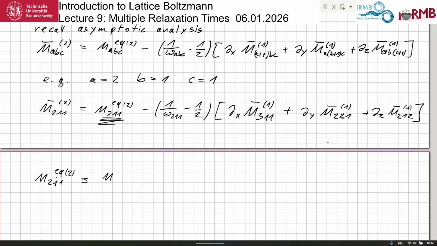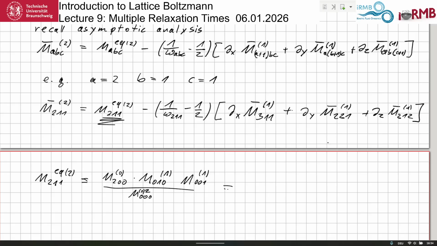So the only one that is not 0 at 0 order is when something comes with a 2. So we can write this as M200 to 0 order times M010 to first order, M001 to first order, and all of this divided by M000 to 0 order squared.